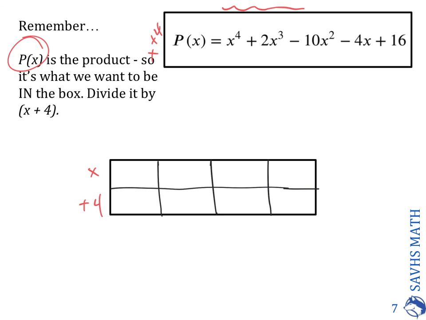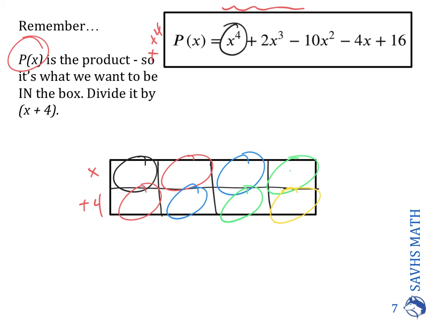When we do the multiplication, you may have noticed that I've been working with this color coding strategy. Somehow our x to the 4th has to be in the black, 2x cubed has to be red, negative 10x squared has to be blue, negative 4x has to be green, and then the 16 has to be yellow.